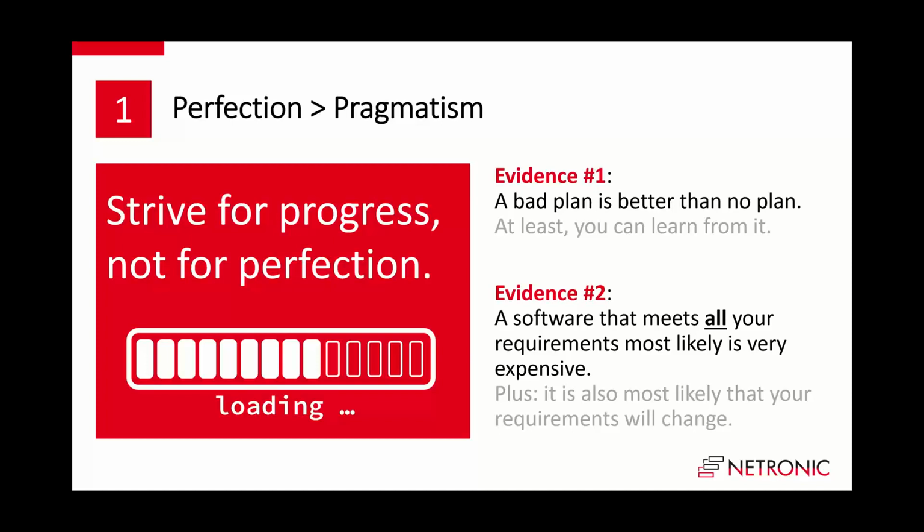However, we are living in unstable times, where change seems to be the only constant that we have. So it is very likely that your requirements will change, and this means that the software that meets your requirements perfectly today might not meet them perfectly tomorrow.